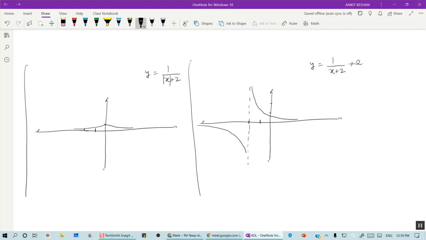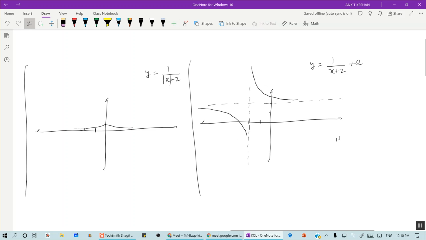So anyway, this way or that way you will move upwards. Okay. So what we will do, this thing will come here and this thing will come here.